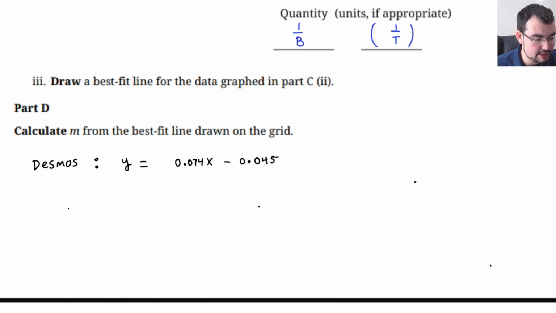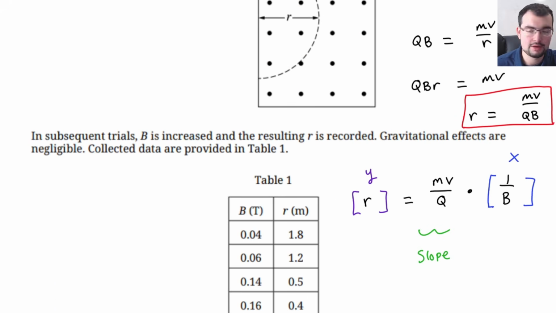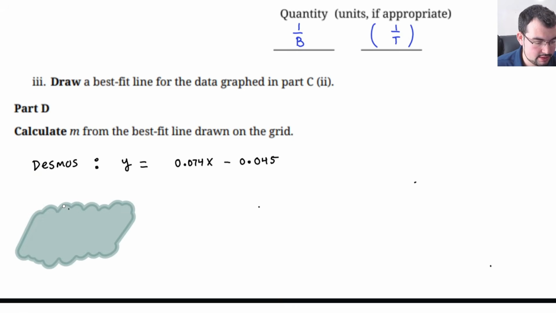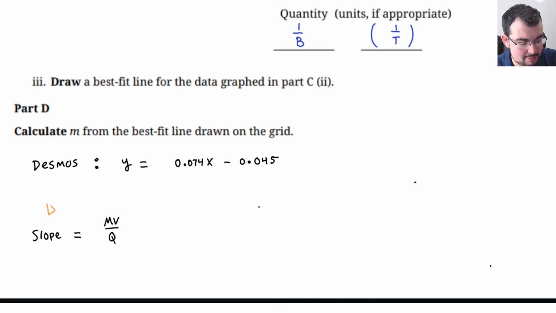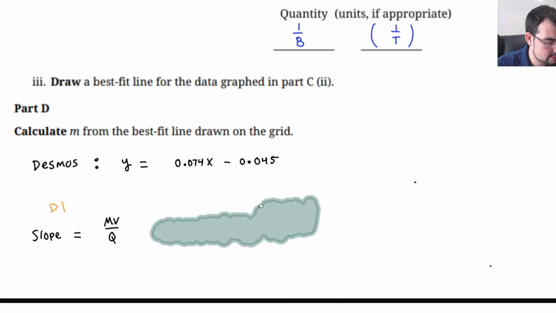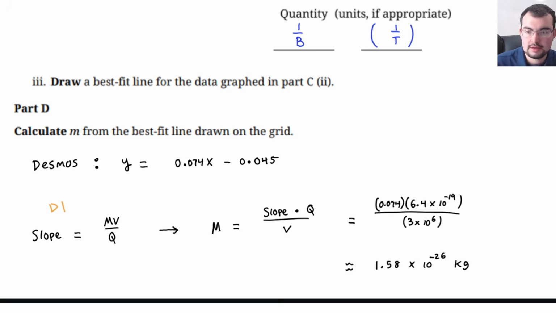To get D1, you have to say what your slope is equal to. I actually earned D1 up here when I said my slope relationship: my slope is mv over q. I earn D2 by doing all of this lovely algebra to get approximately this answer.